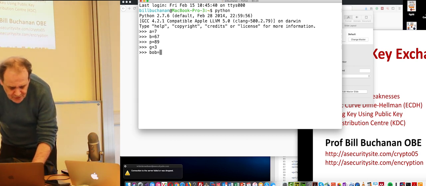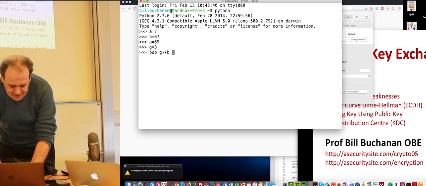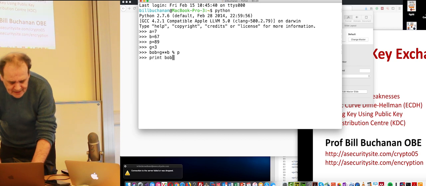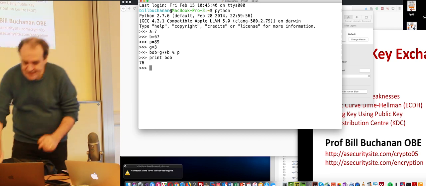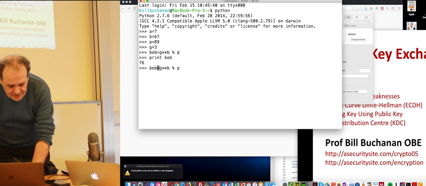So Bob's value will be g to the power of b, percent p. Let's see what that looks like. Okay, 76, and then we'll get Alice's value.